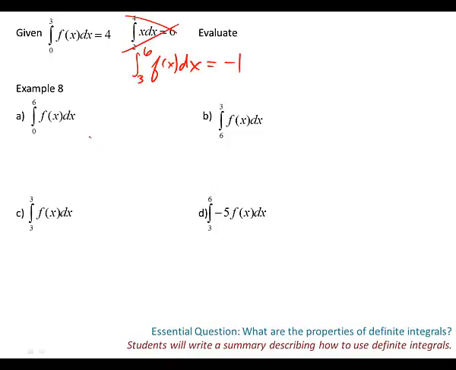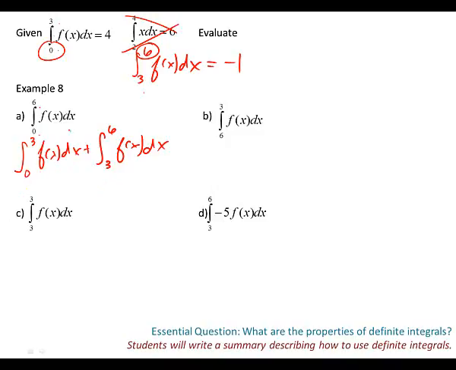This is another way you can see the approach. If we're going to go from 0 to 6, all we have is 0 to 3 and 3 to 6. But if I added them up, would I go all the way from 0 to 6? Is that going to be okay? So what we would do with this first one is I would go 0 to 3, f of x dx, plus from 3 to 6, f of x dx.